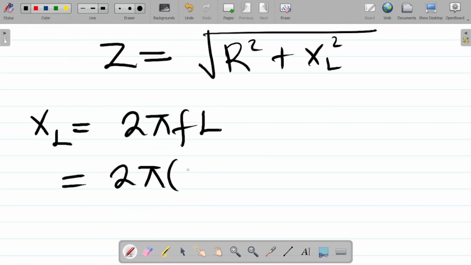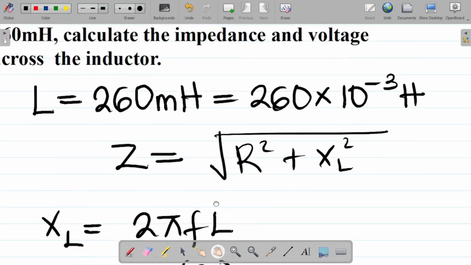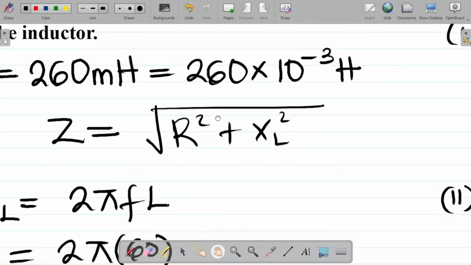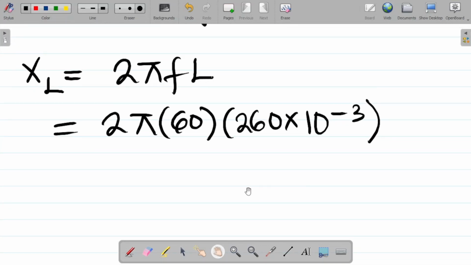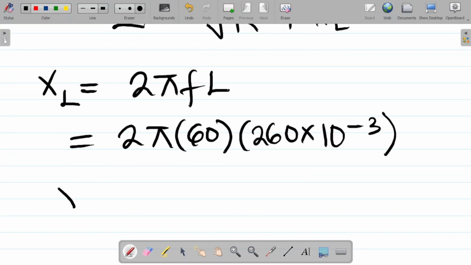2 pi times the frequency, 60. Then L, the inductance, is given as 260 millihenry, that's 260 times 10 to the power minus 3. From here, XL is equal to, let's multiply this: 2 times pi times 60 times 260 times 10 to the power minus 3.